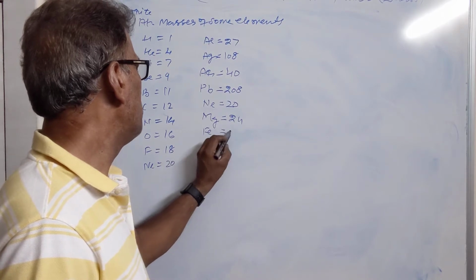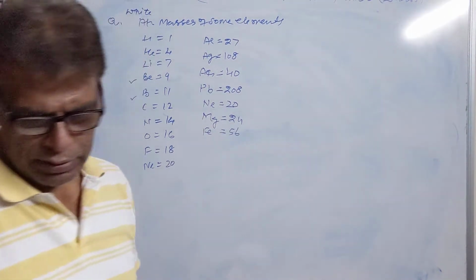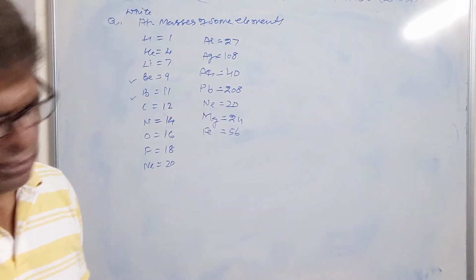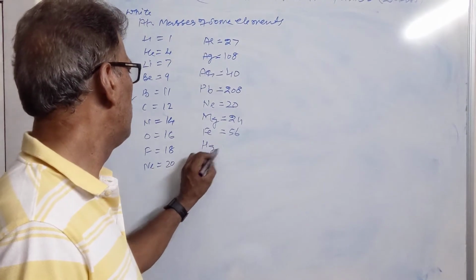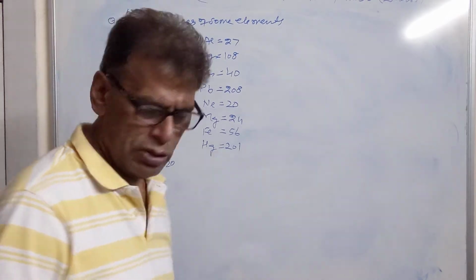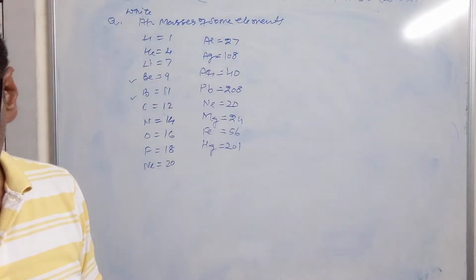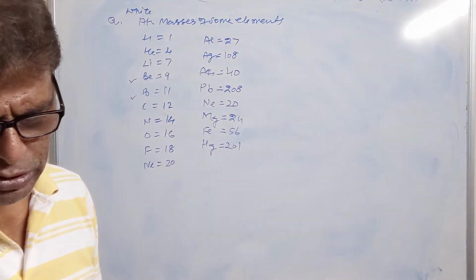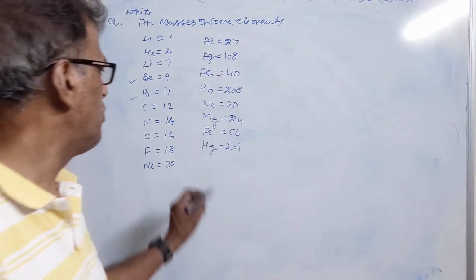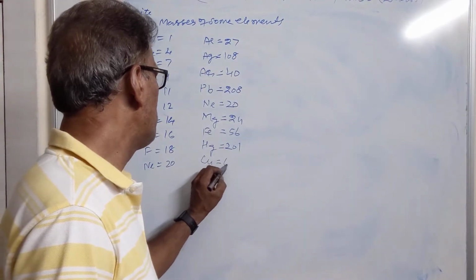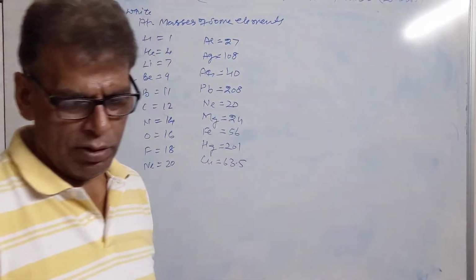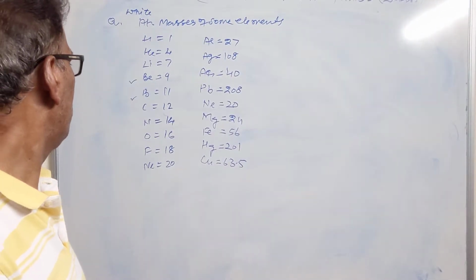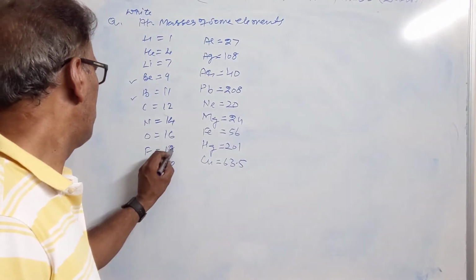Iron 56. Then we have the nitrogen, we have done that. Mercury is 201. So these are the atomic masses of some of the elements, because they are used in the calculation purposes. Then we have copper 63.5. Then we have fluorine, atomic mass is 19. That of fluorine, it is 19.